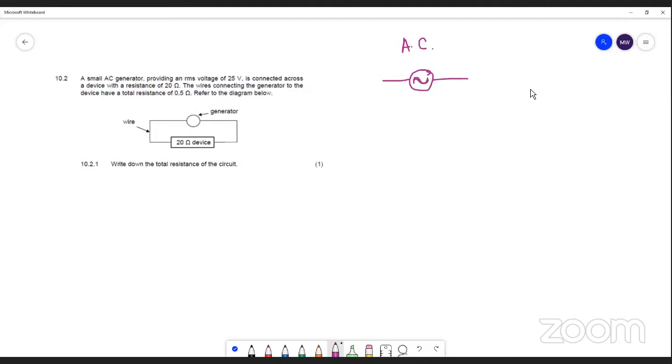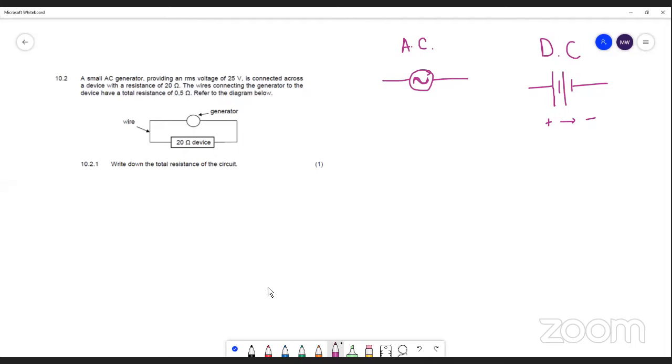If they give you the normal battery system where you're going from positive to negative, that would be DC. You will see the example that we do tomorrow: if they give you a circuit looking like this, with a squiggly line inside of your circle, it means that it's AC current. That's just a side note.